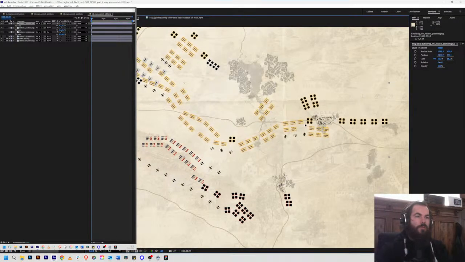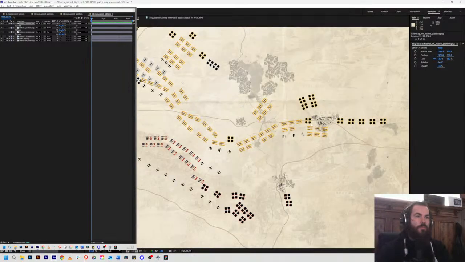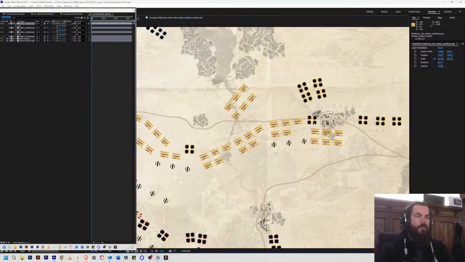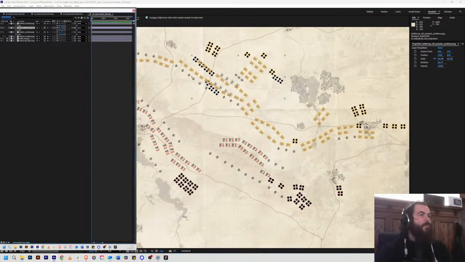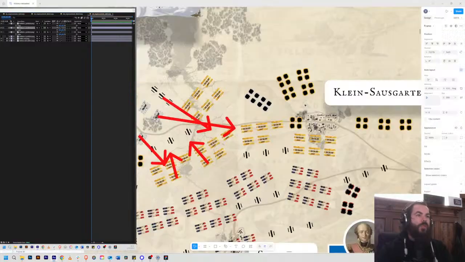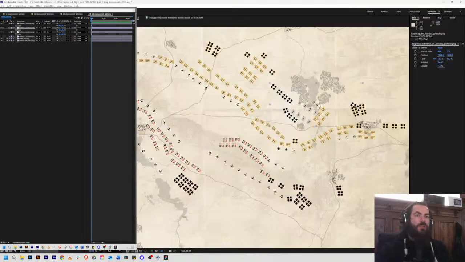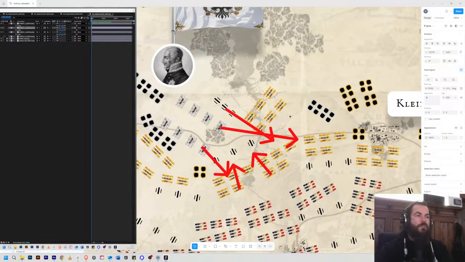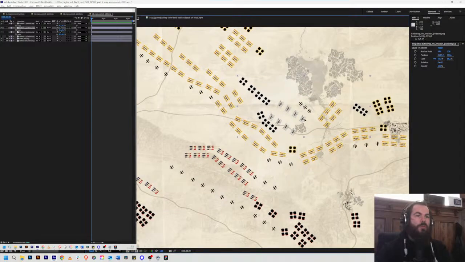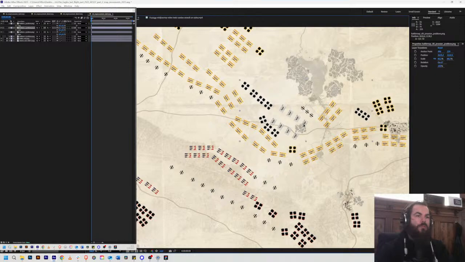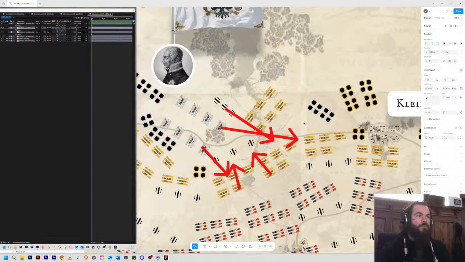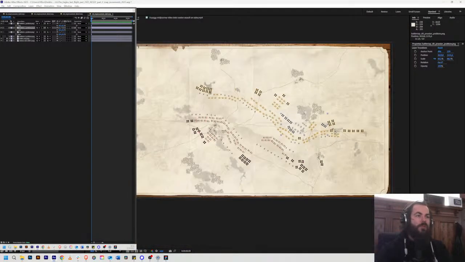Something like this, I guess. To the right. Yeah, sounds about right. Take the Prussians. Here. Yeah, this looks right.